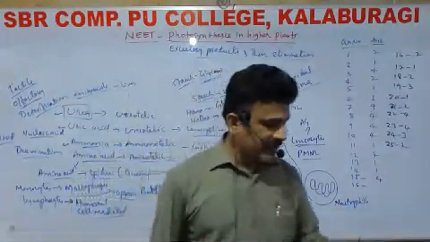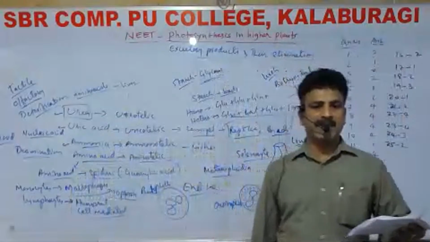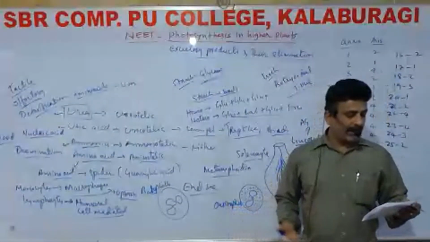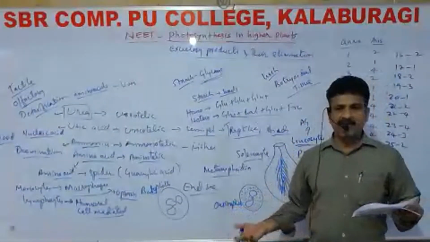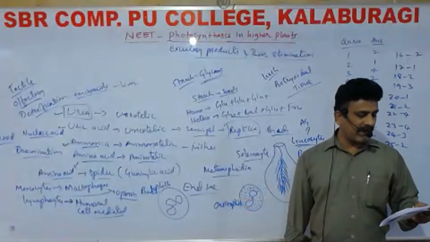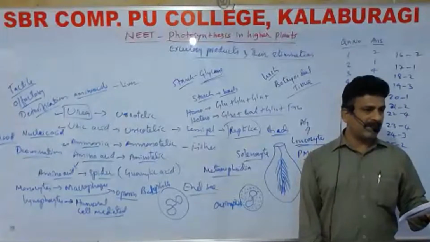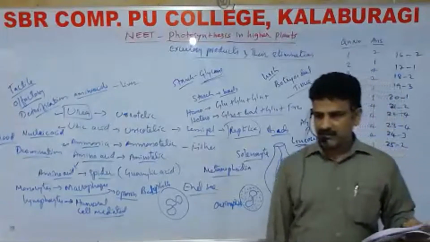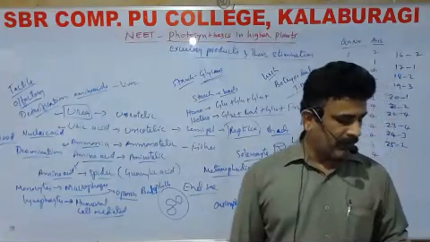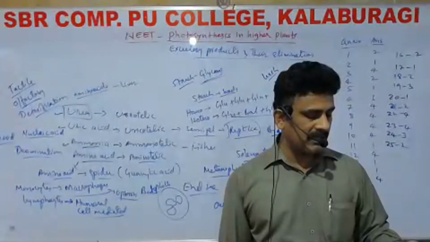Next, the second statement is the presence of the loop of Henle. The loop of Henle mainly helps in maintaining and regulating the water concentration as well as solute concentration within the body. Next, the presence of collecting ducts. The collecting ducts mainly help in the concentration of the urine. Then the fourth one, the much convoluted uriniferous tubules and Malpighian corpuscles in this region.